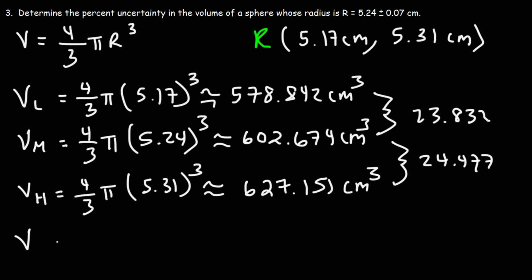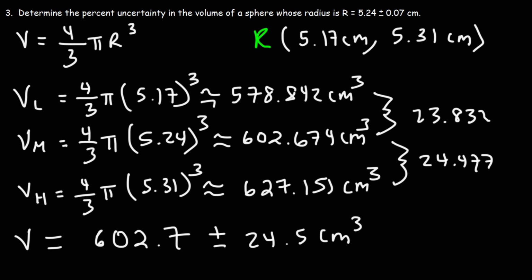So thus we could say that the volume is 602.7, rounding it, plus or minus 24.5 cubic centimeters. Now let's go ahead and construct our range for the volume.